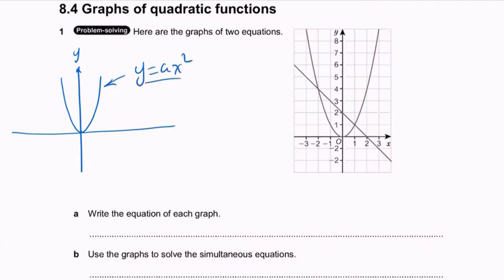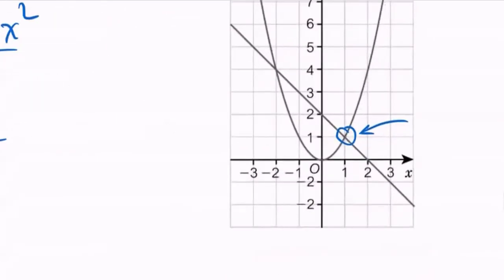To find a, I have to find one point with x and y, that's all. What are the coordinates of this point? (1, 1). So x is 1 and y is 1, and y equals ax squared.